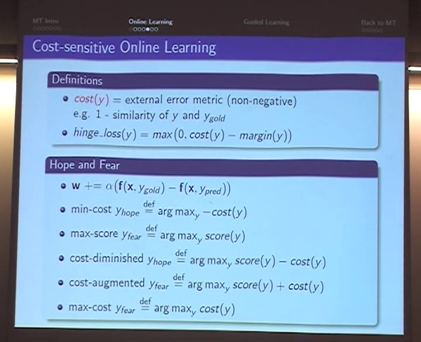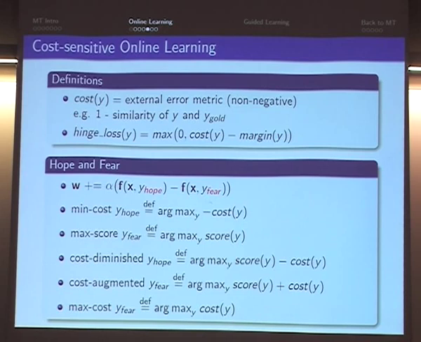Before, we wanted to boost the correct gold label and penalize the predicted label. Let's make it more general, and instead of gold and predicted, let's call it hope hypothesis and fear hypothesis. The naming is somehow confusing.